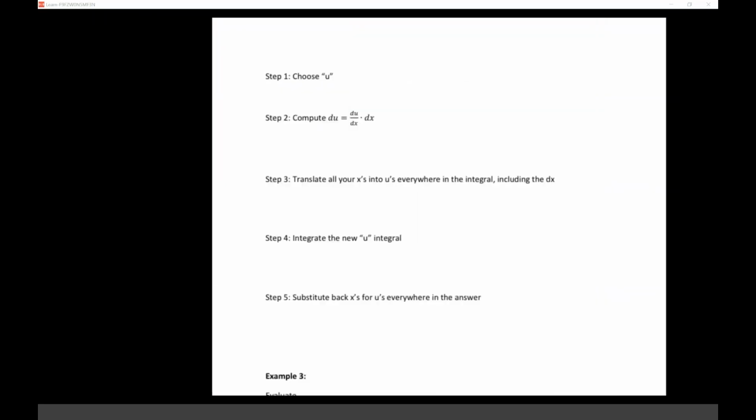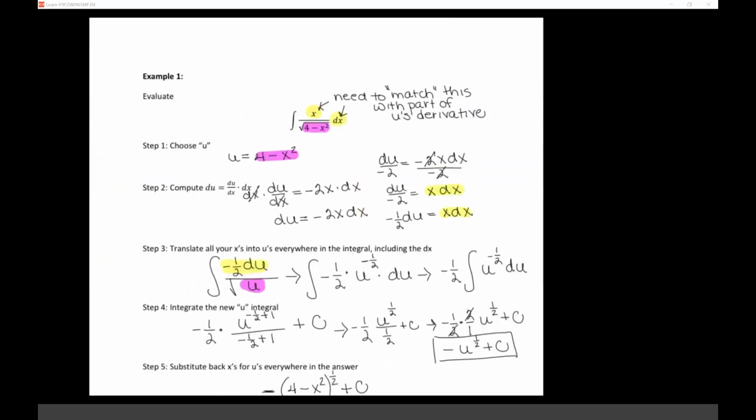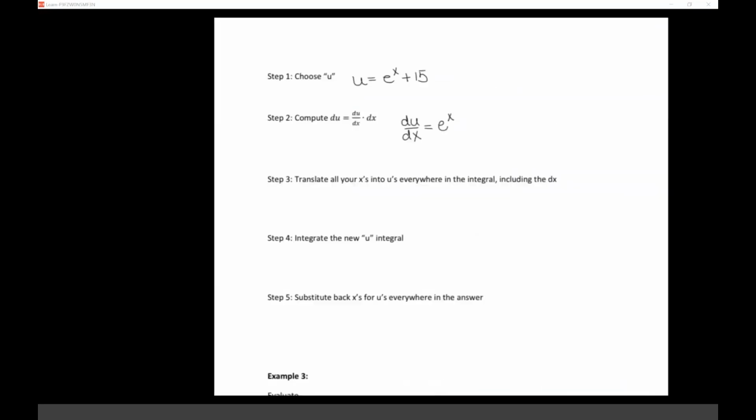So I'm going to let u be e to the x plus 15. If I take its derivative, the derivative of u with respect to x, that's just e to the x. And the only thing I need besides the e to the x is the dx.